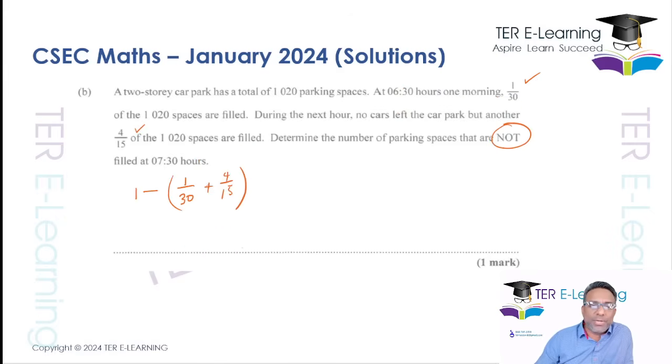So when I work this out here, I'm going to get 7 over 10. That is how much is not filled. So in terms of spaces, it's going to be 7 over 10 multiplied by 1020, and when I work this out, I'm going to get 714. So this is how many spaces are not filled at 7:30.